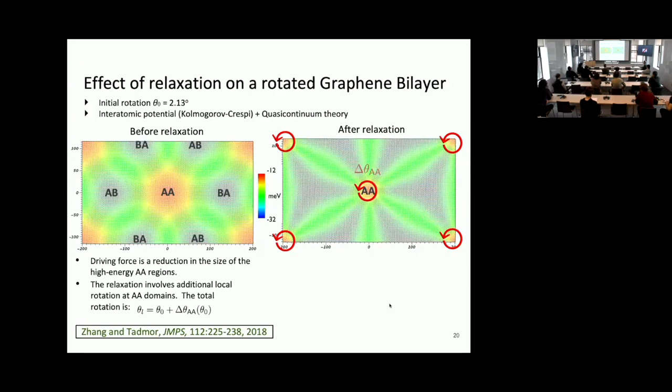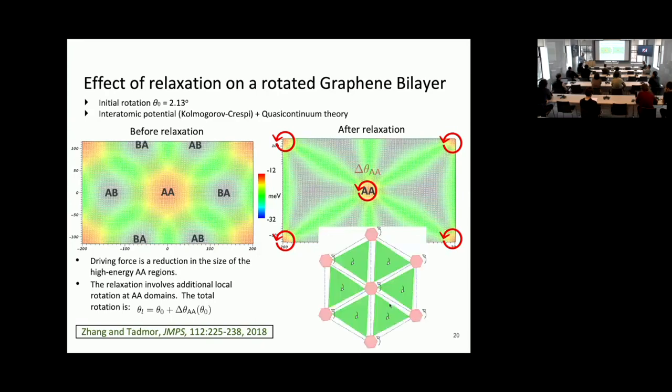And interestingly enough, the relaxation also introduces an additional local twist. So this is a local twist of the AA regions beyond the overall twist imposed macroscopically on the two layers. So you can think of the system as something like this.